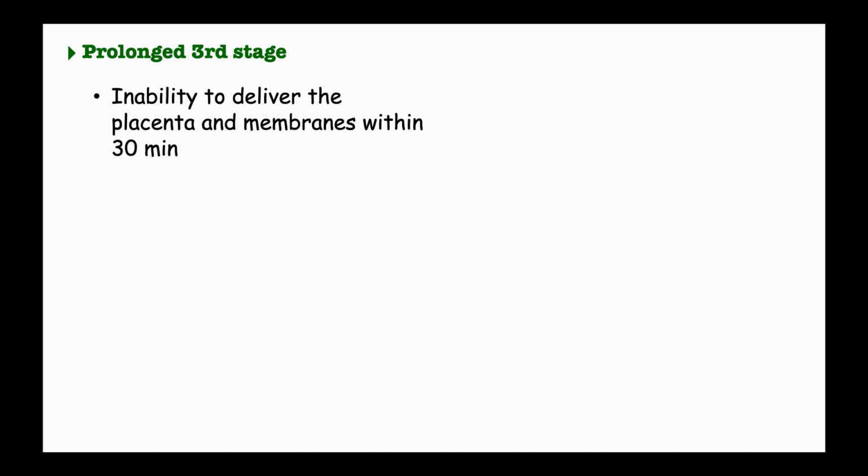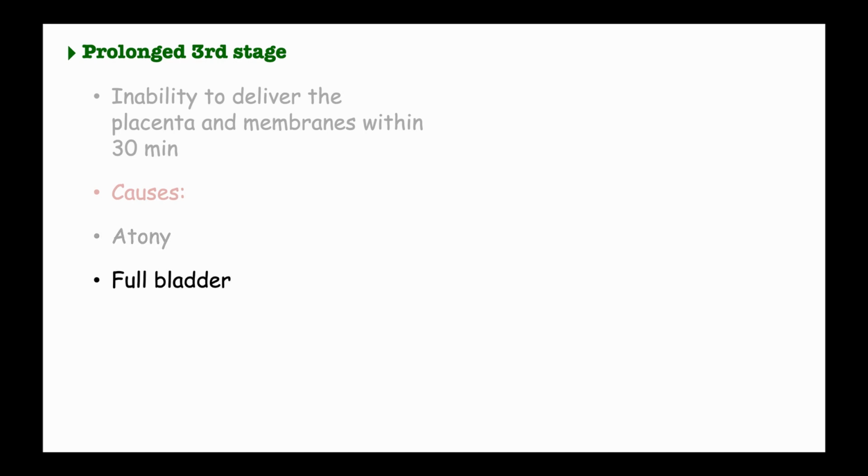Now, prolonged third stage of labor is when the placenta has not been delivered together with its membranes within 30 minutes. Some of the causes of prolonged third stage include atony, and with atony, the uterus does not contract strongly enough to separate or expel the placenta completely. We may also have full bladder, as I explained.